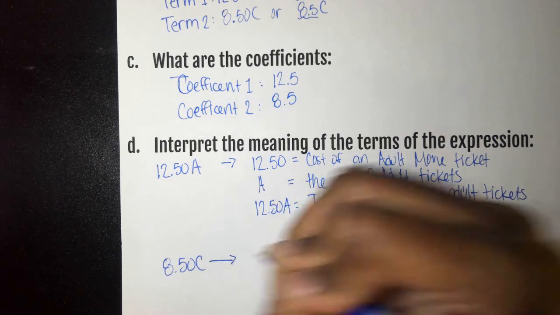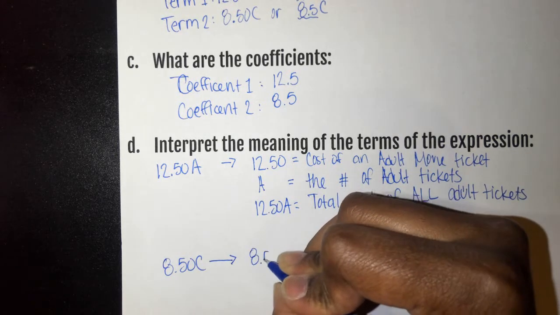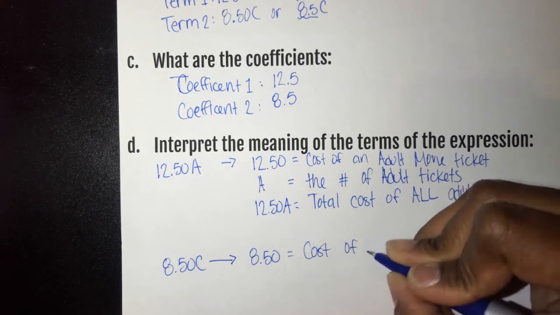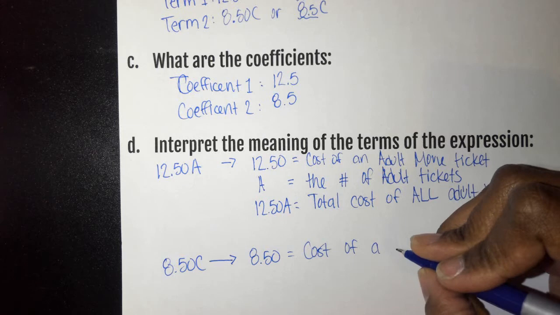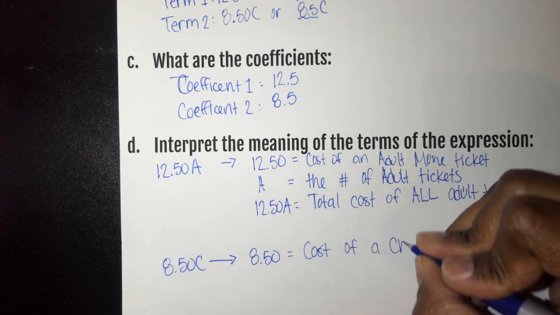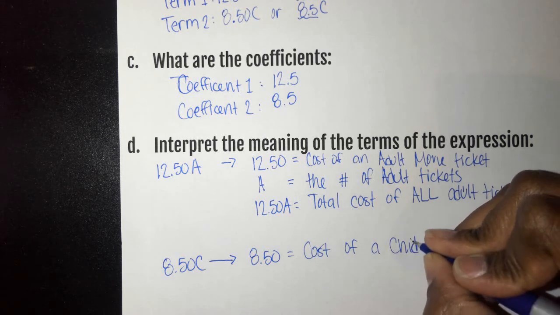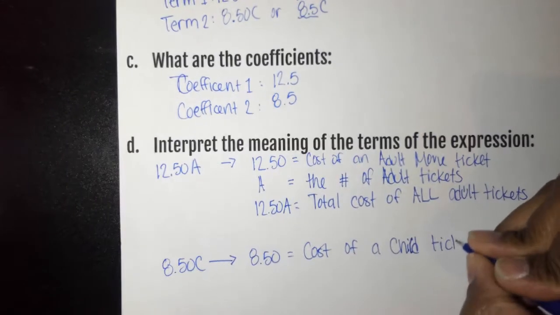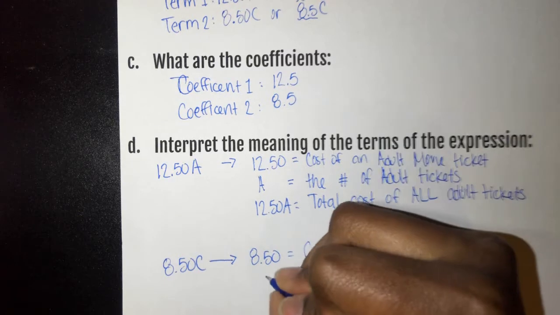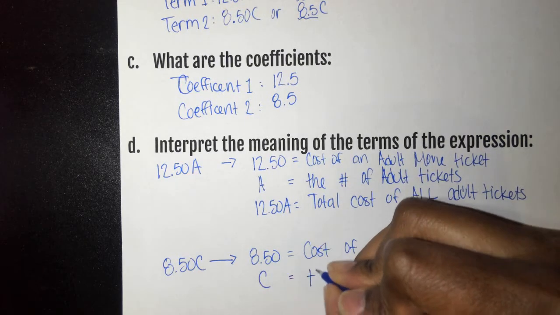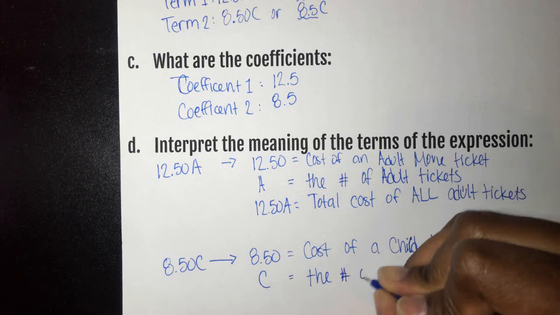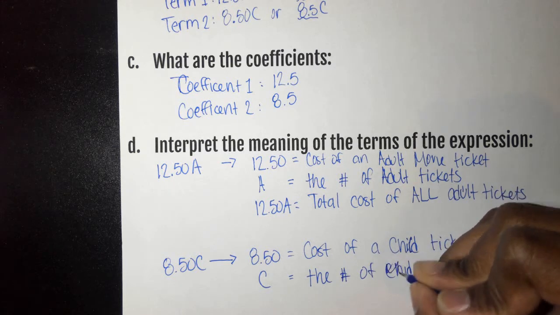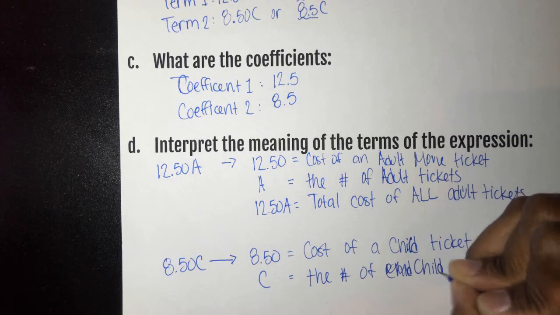The 8.50 is the cost of a child ticket, of one child ticket. The C is the number of child tickets.